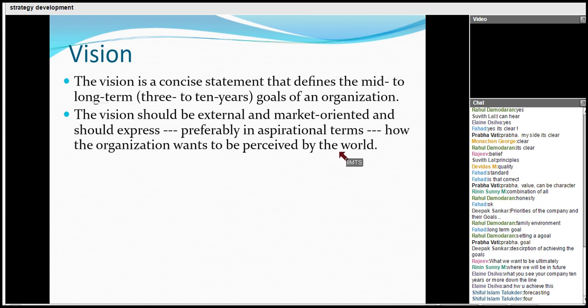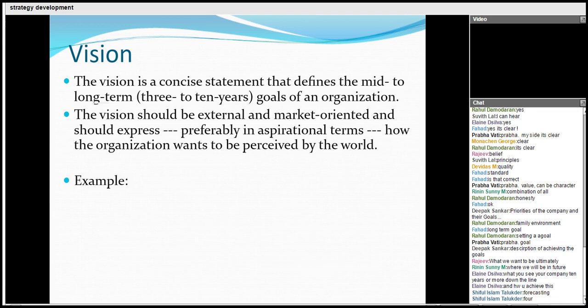When somebody looks at the vision of your organization and says, wow, this organization wants to be the best, they want to go to this place. That is how people look at your organization. It gives an idea of what kind of aspiration the organization has, how the organization sees itself and where you want to be.